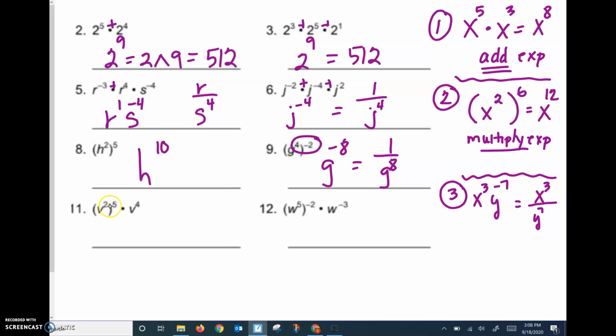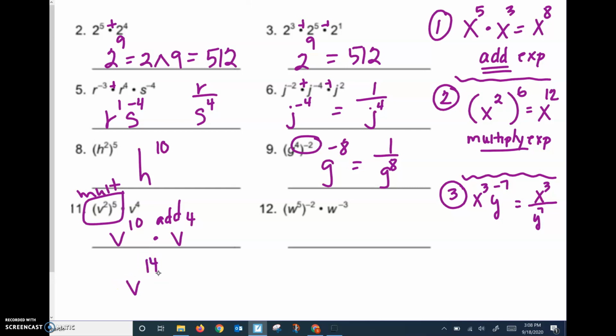All right, number 11. This first part right here, we're going to get v to the 10th, and then we still have v to the 4th. So we multiply these exponents, but I'm going to add these exponents. So it becomes v to the 14th. Whoops, that's supposed to be a v. Sorry about that.